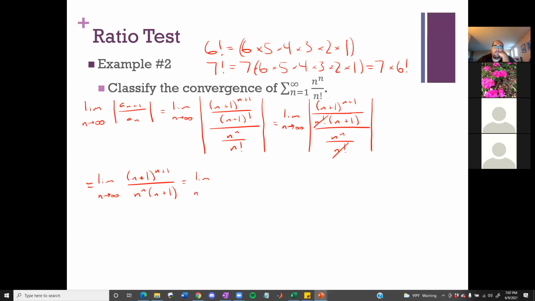Okay. Oh, wait. You could do n plus 1 to the n power and then times n plus 1 to the first power. Good. So n plus 1 to the n times n plus 1. And that's actually going to make something really easy for me. n to the n times n plus 1.